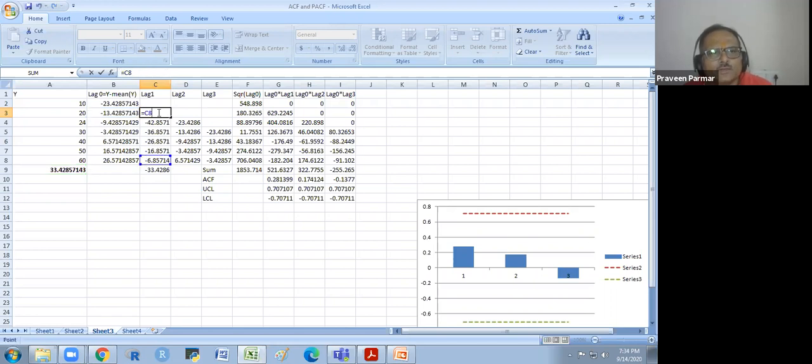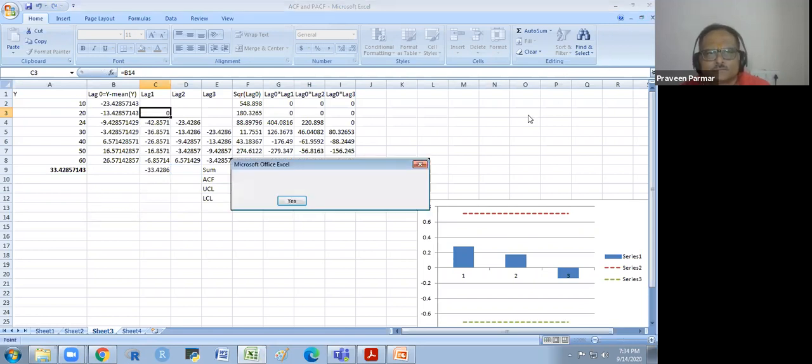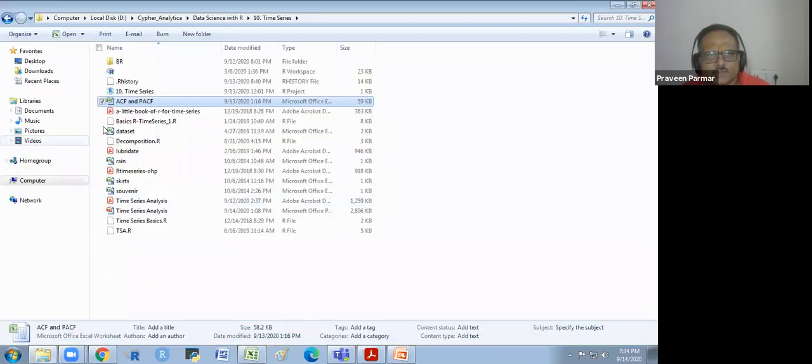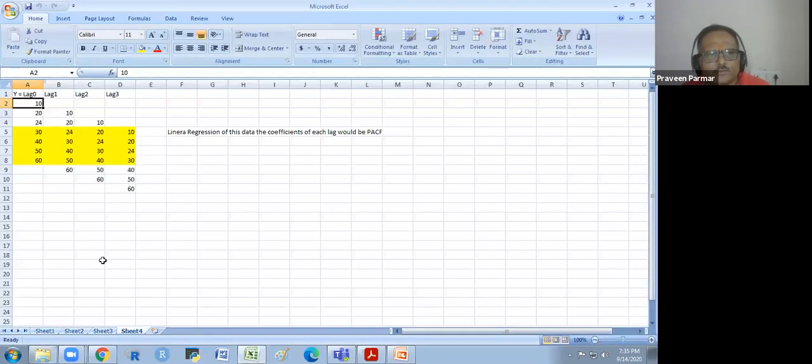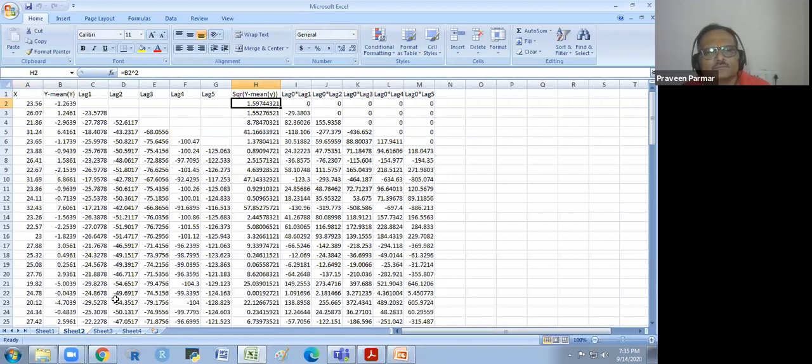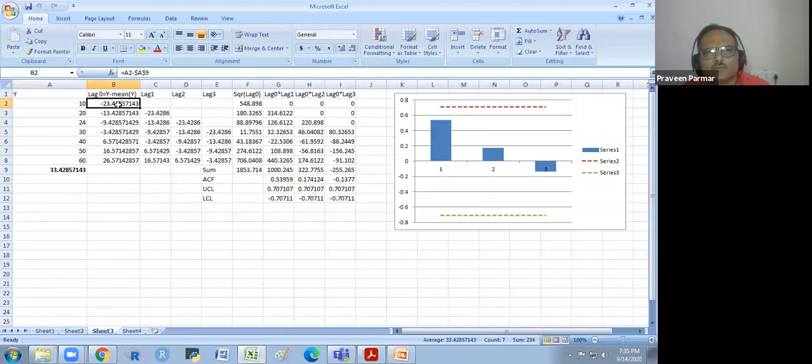So it is not working that way, and there is this problem in Microsoft Excel always. So I just copy and paste here and then here also. And this is lag 1, lag 2, lag 3, as you can see here.